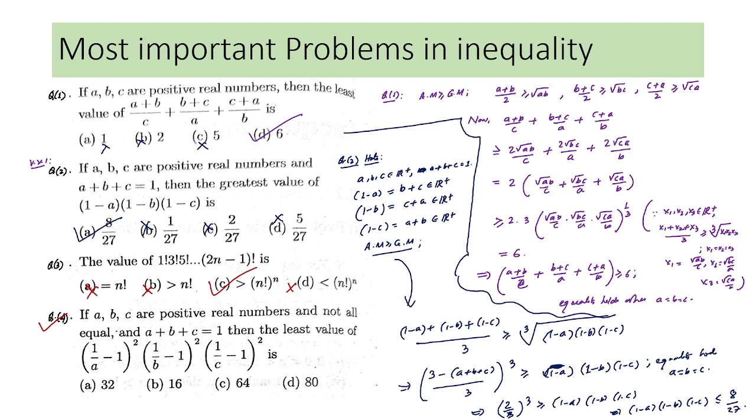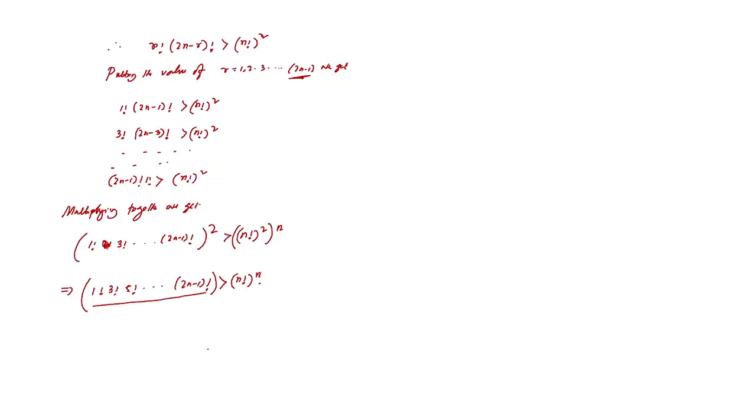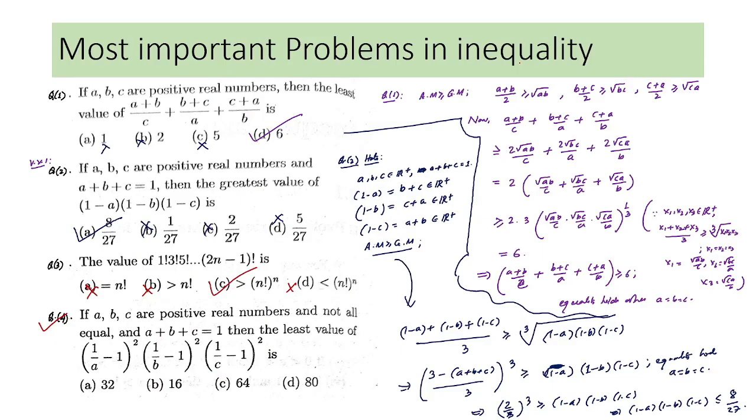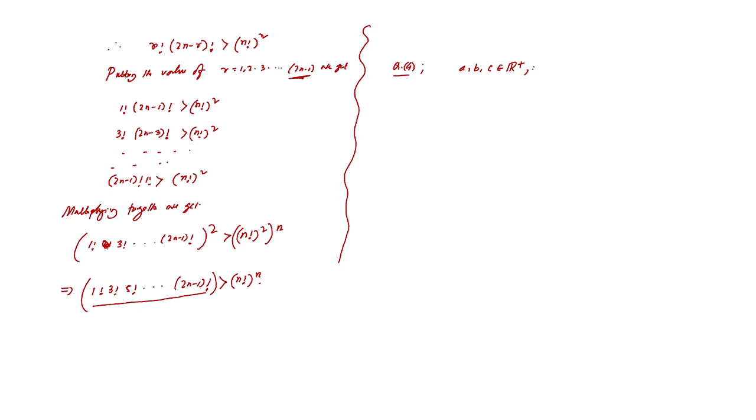Question number 4. If A, B, C are positive real numbers, not all equal, and A plus B plus C equals 1, then the least value of this expression. So what is given in question number 4? It is given A, B, C all are positive real numbers, not all equal, and A plus B plus C is 1.